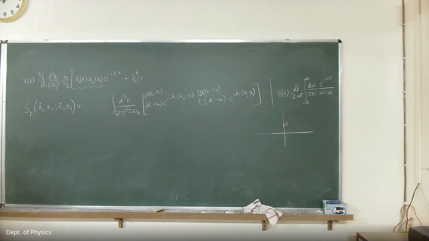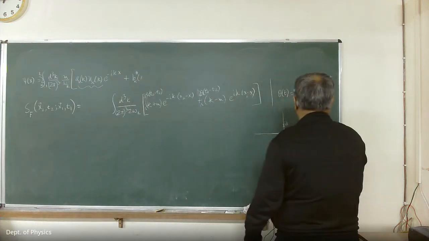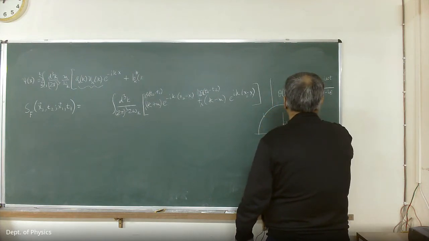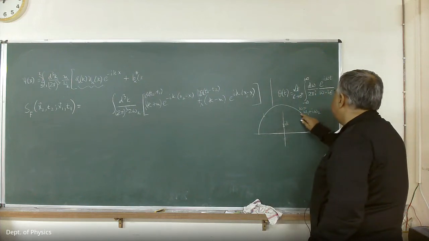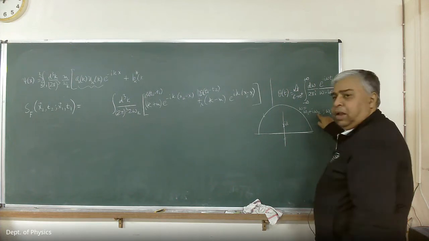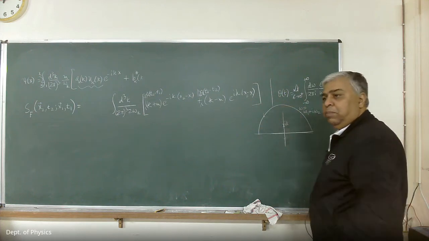Remember, we have done some contour integration. If you consider a path like this, and a point omega, omega is equal to omega 1 plus i omega 2. Omega 2 is positive along the semicircular path.